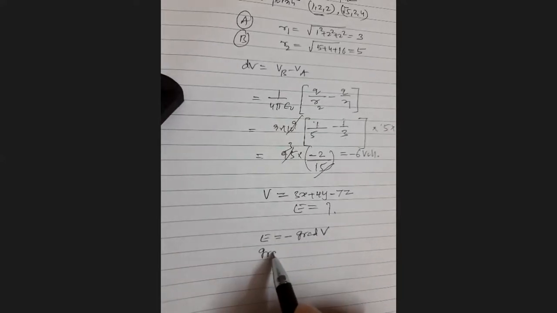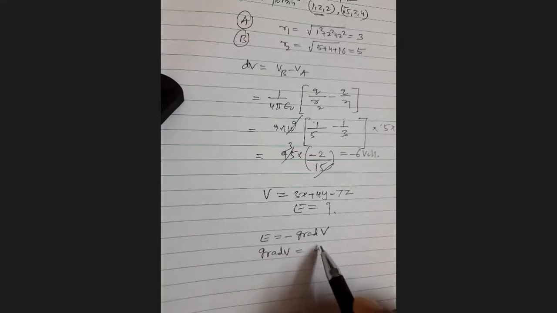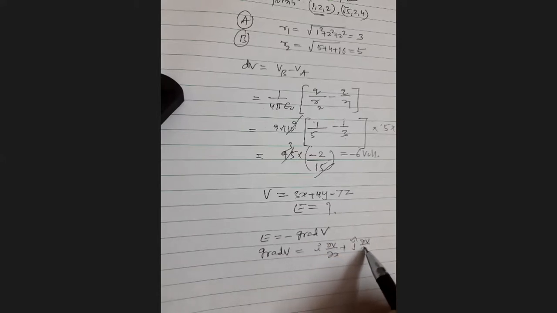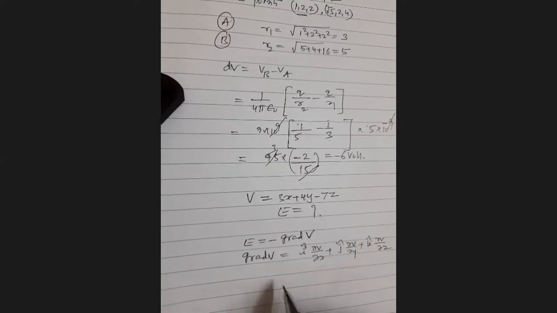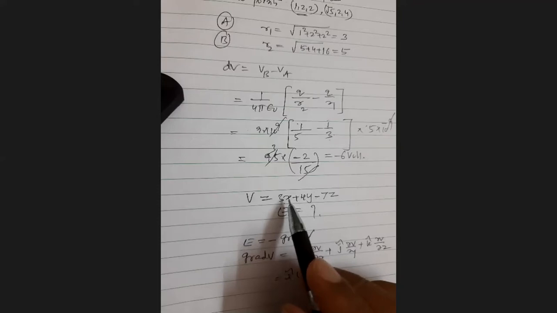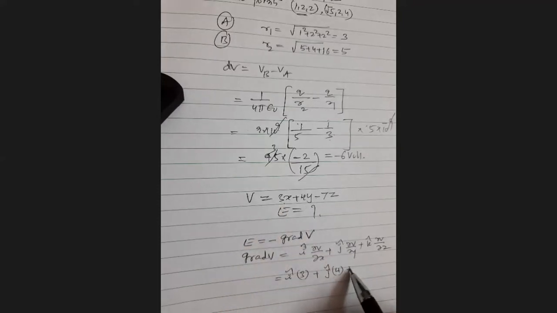First, you calculate grad V, that equals i dou V by dou x, j dou V by dou y plus k dou V by dou z, equal to i cap 3 plus j cap 4 plus k cap minus 7, equal to 3i plus 4j cap minus 7k cap.